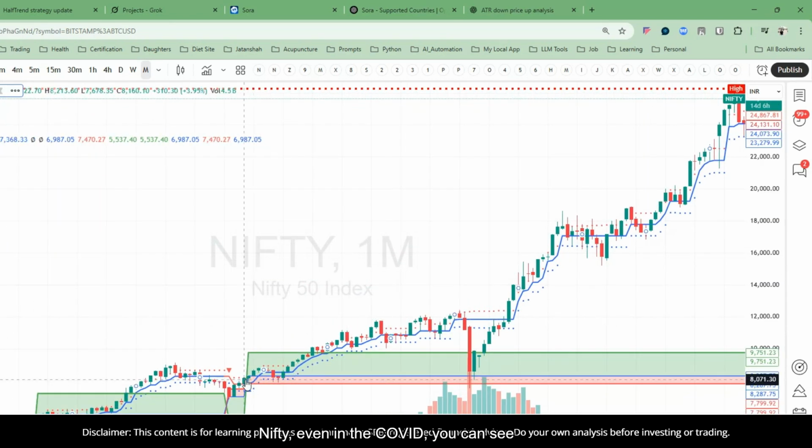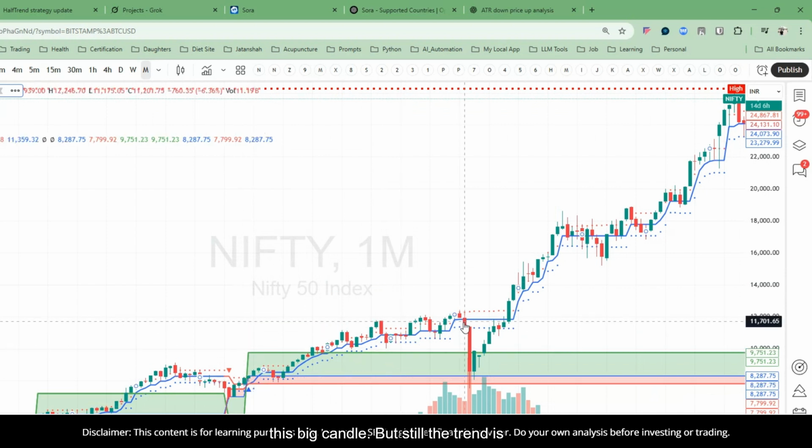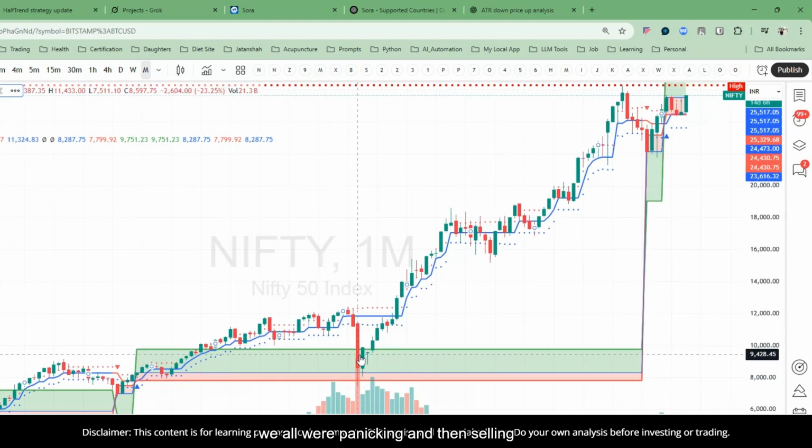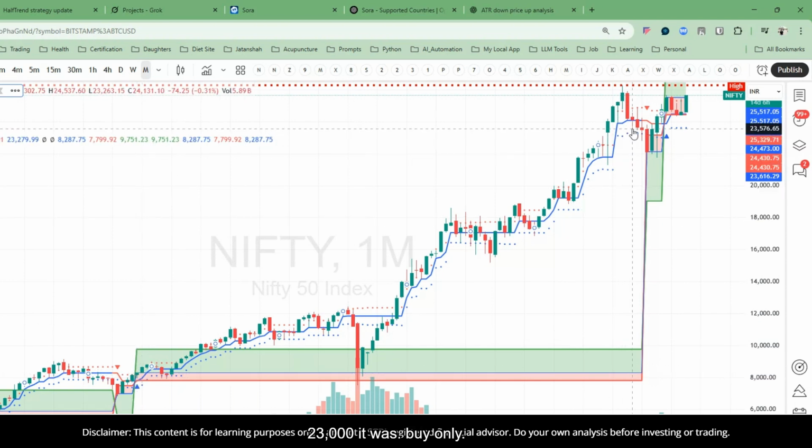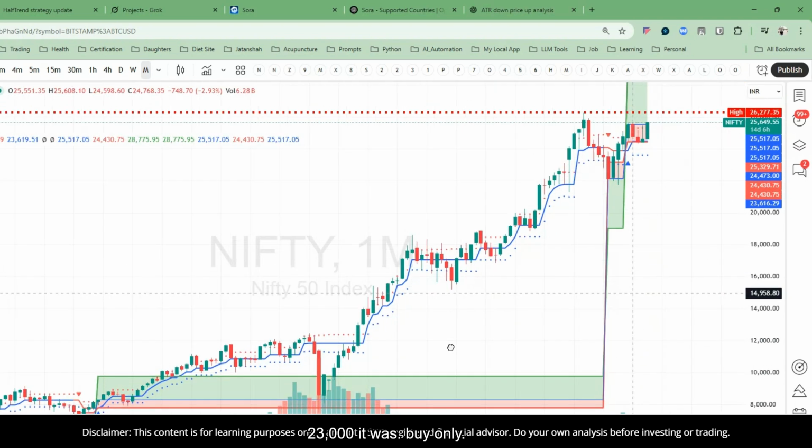Even in the COVID period, you can see this big candle, but still the trend is buy only. Basically, we were all panicking and selling, right? But even at that point of time, it was not actually a sell; it was a buy trend only. When the trend started from 8,000 to almost 23,000, it was buy only.